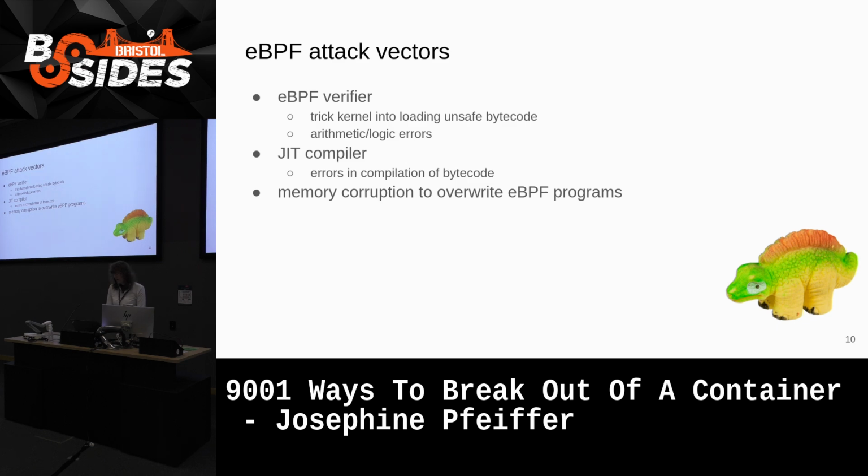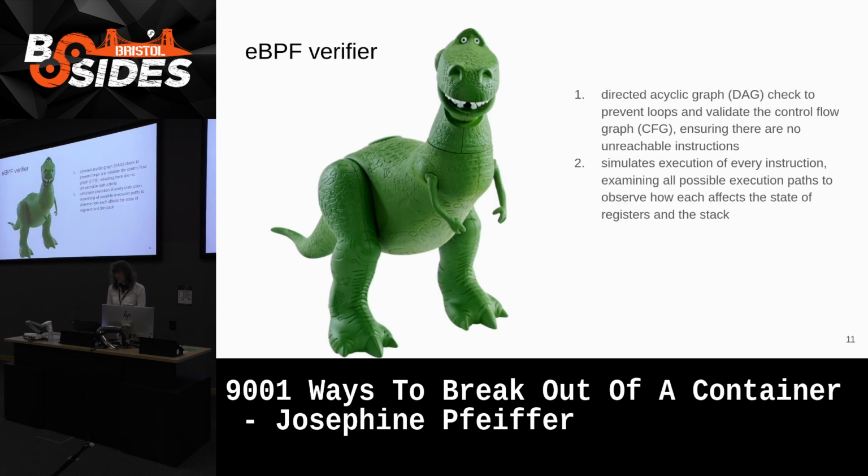The particular case we'll be looking at uses the eBPF verifier. It's meant to ensure the safety and security of eBPF programs before they're executed in the kernel, and it operates in 2 steps.